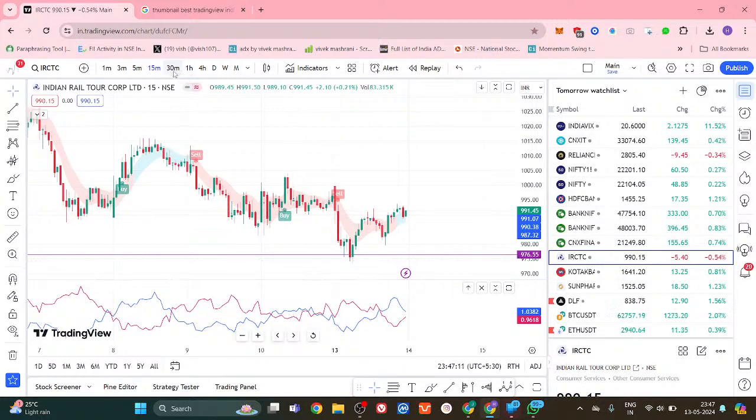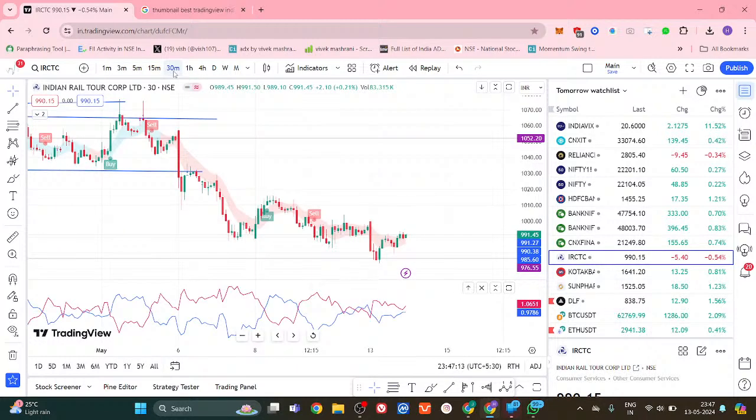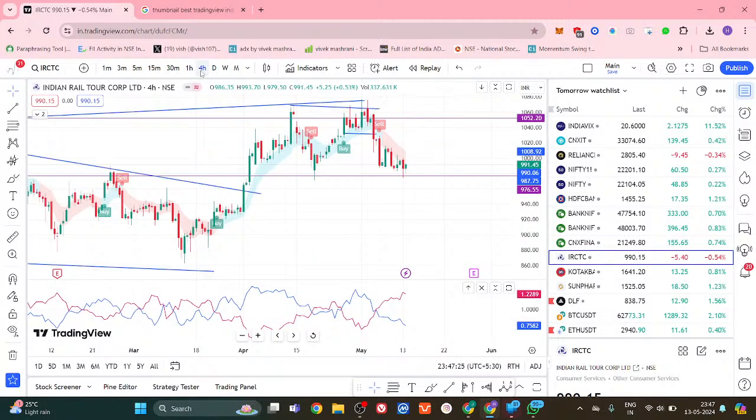Go for 30 minutes, you will get a stronger signal. You can look at 4 hours if you're looking for swing trades. Here you have a buy, the vortex is above, so on the high of this we are taking a buy.